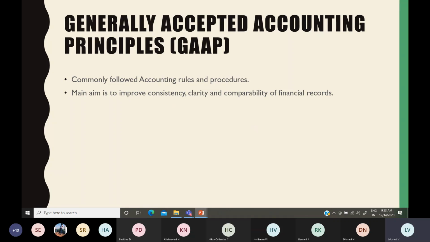The main purpose of bringing this common rule into existence is to improve the reliability of the company, whether they are giving published information, published data, or financial statements, everything being prepared according to the guidelines given by them.